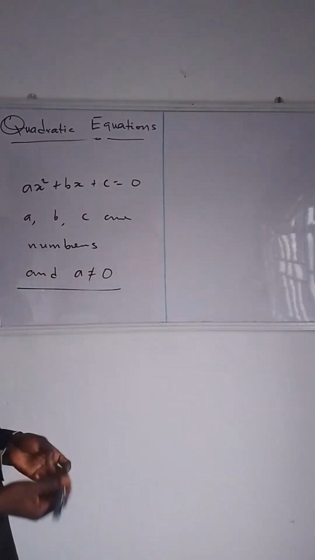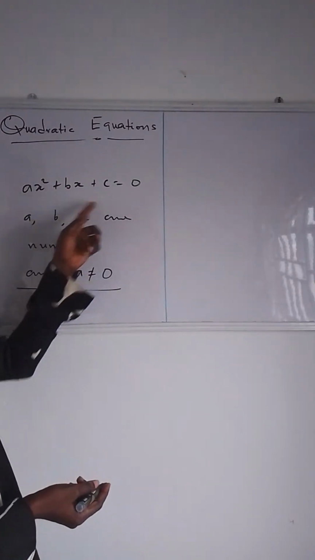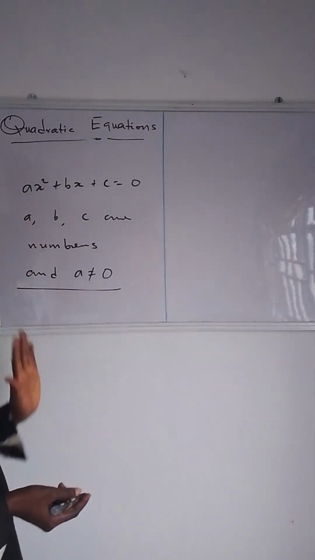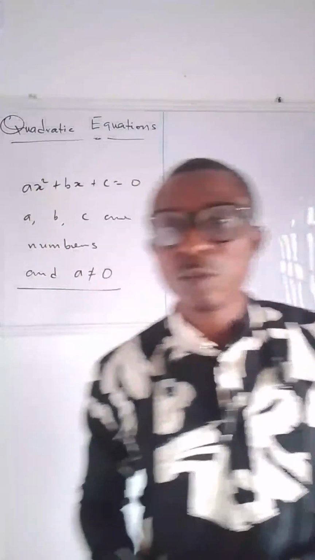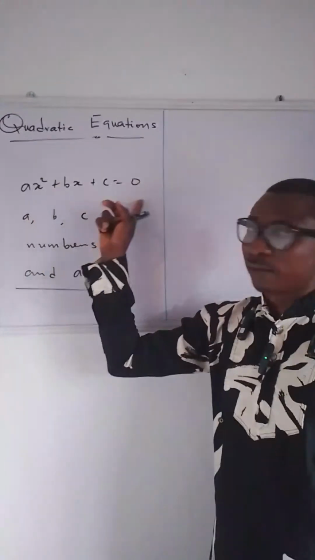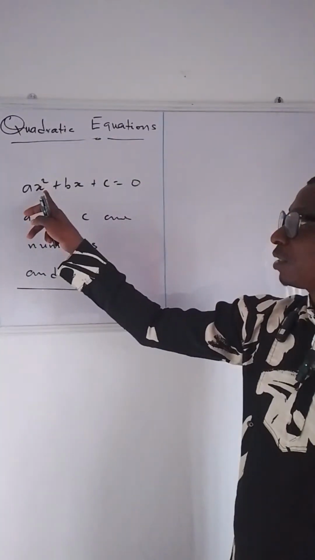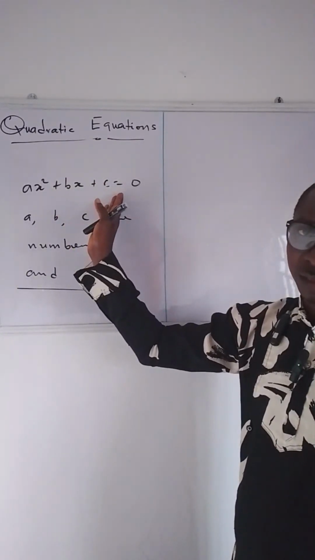All right. So I can simply define a quadratic equation as an equation in which the maximum power of the unknown is 2. Now, when you look at this, the maximum power of the unknown here is 2. That makes it a quadratic equation.